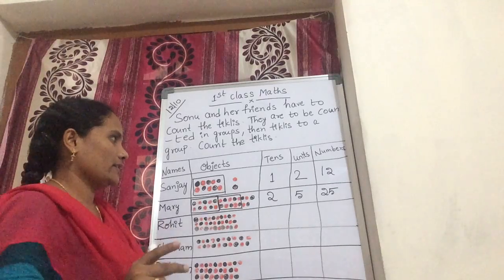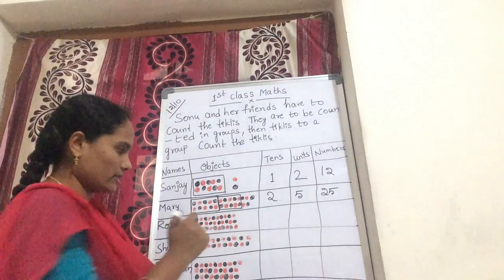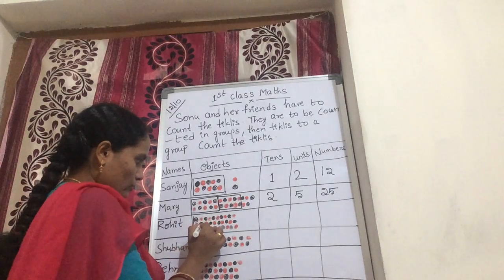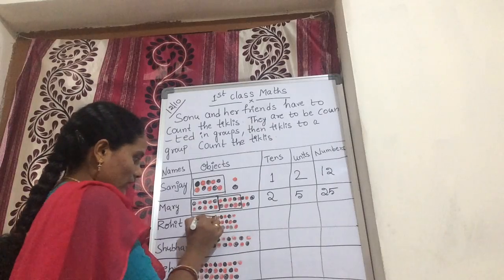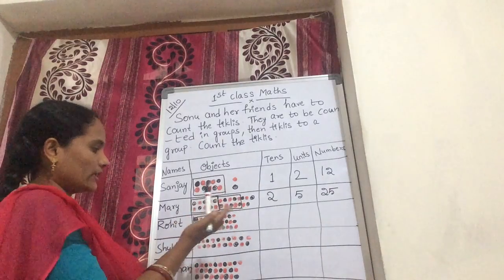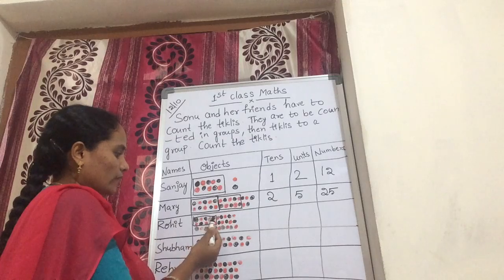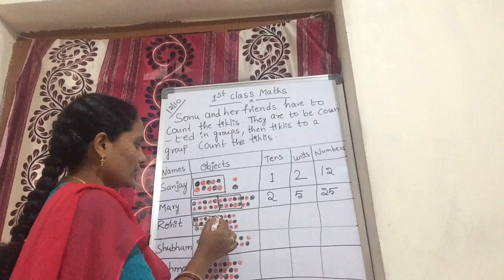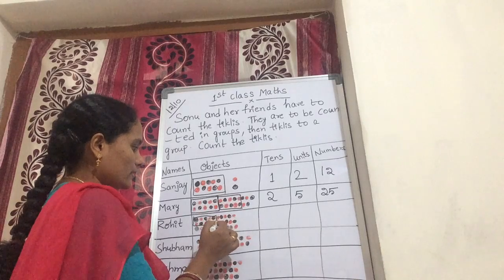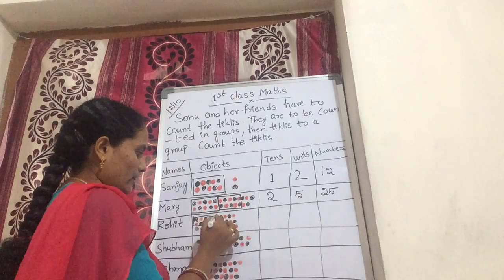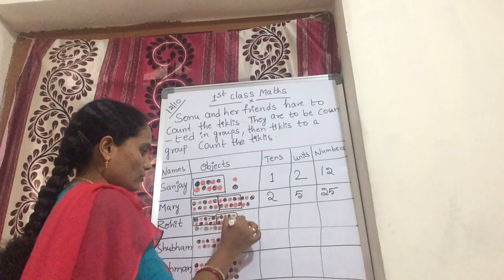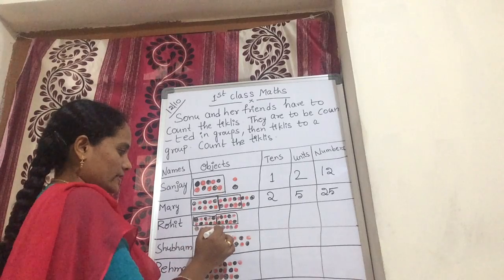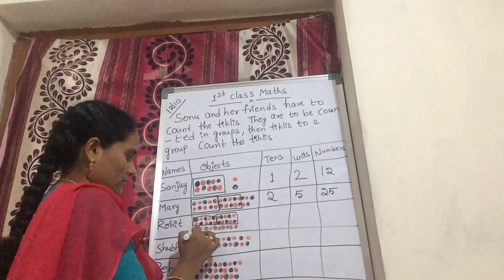You count that first. 1, 2, 3, 4, 5, 6, 7, 8, 9, 10. You get one group of 10. Okay children, let's see the next one. 1, 2, 3, 4, 5, 6, 7, 8, 9, 10. Again you put this 10 in a group. Next one, amma. 1, 2, 3, 4, 5, 6, 7, 8, 9, 10.